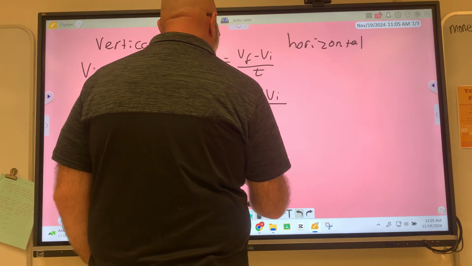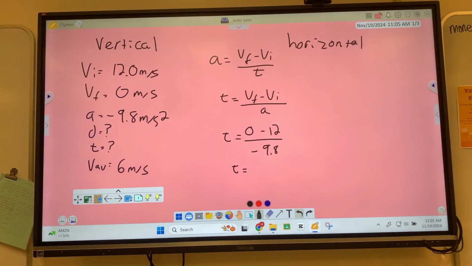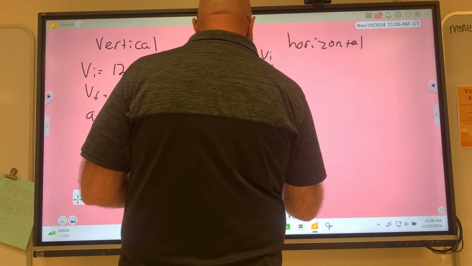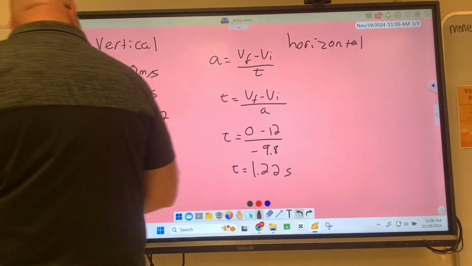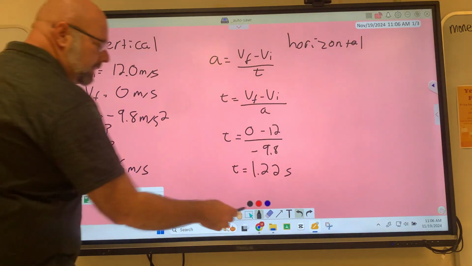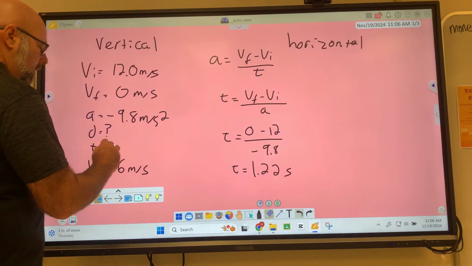Time equals 1.22. Now, does this help us with the question? Is that an answer? Does that help us with distance? Kind of.